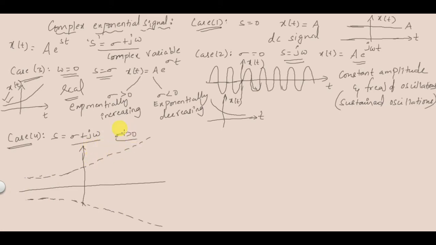If only sigma is present, this is okay. But we have now sigma plus j omega. So what is x of t then? A into e power sigma t e power j omega t. Since sigma is greater than 0, we have the output like this.